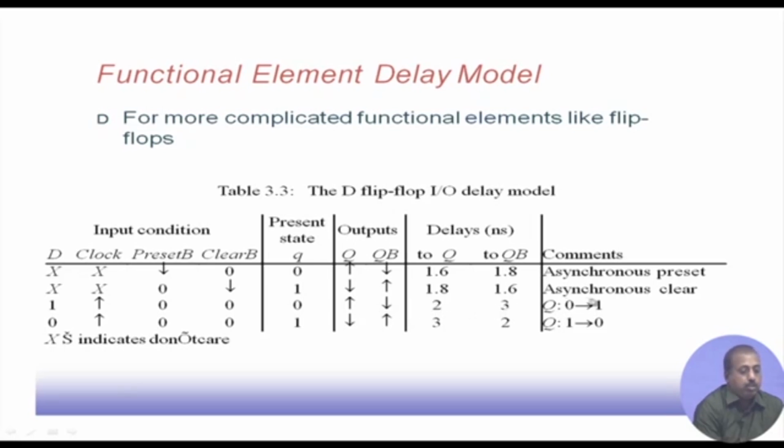So that way, for the Q 0 to 1 transition, it takes 2 nanosecond for the Q line and 3 nanosecond for the Q bar line, and for the 1 to 0 transition of the Q line, it takes 3 nanosecond and 2 nanosecond for the Q bar line. So that way, if we have more and more complex logic modules, we can have different types of delays associated with different paths in the circuit.